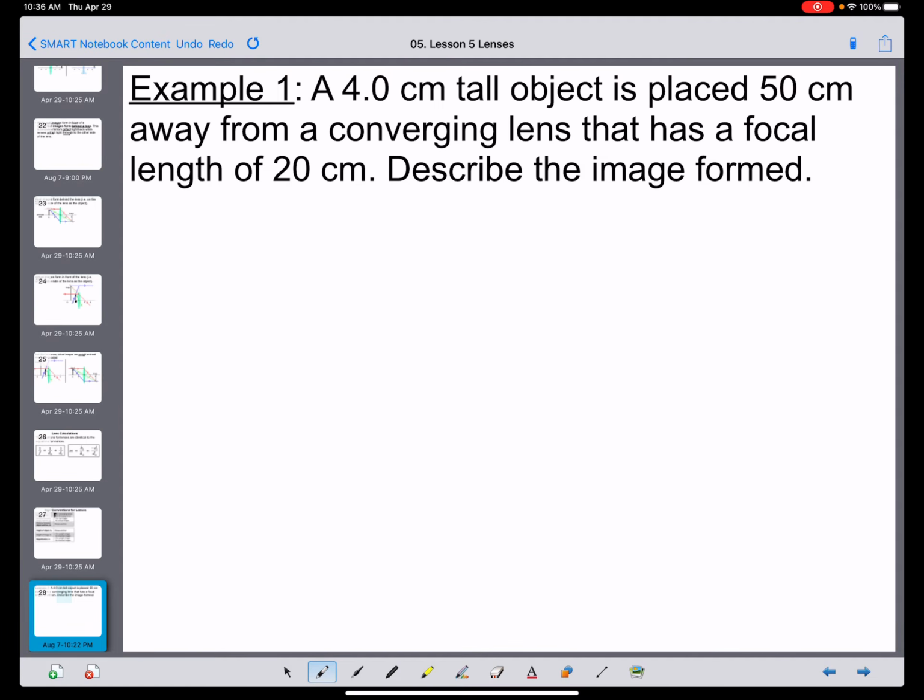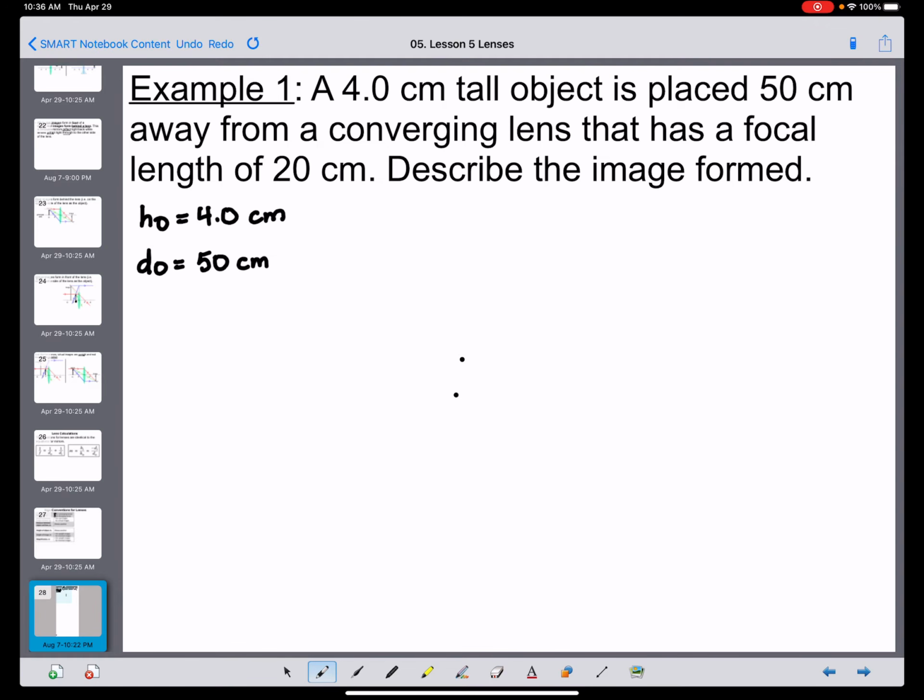Okay, so for examples, example 1, a 4 centimeter tall object is placed 50 centimeters away. So let's make our variables list here. The height of the object is 4 centimeters. It's placed 50 centimeters away from a converging lens that has a focal length of 20 centimeters.